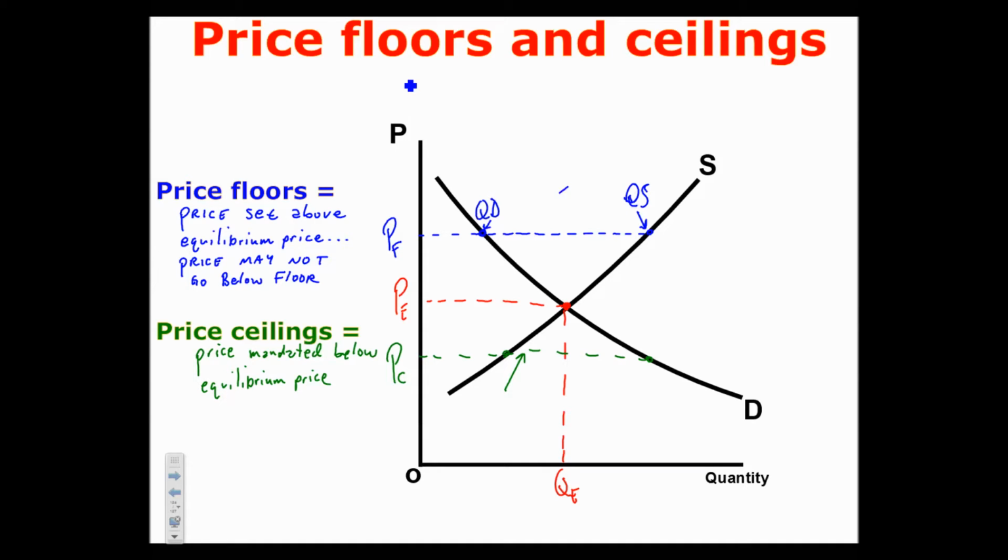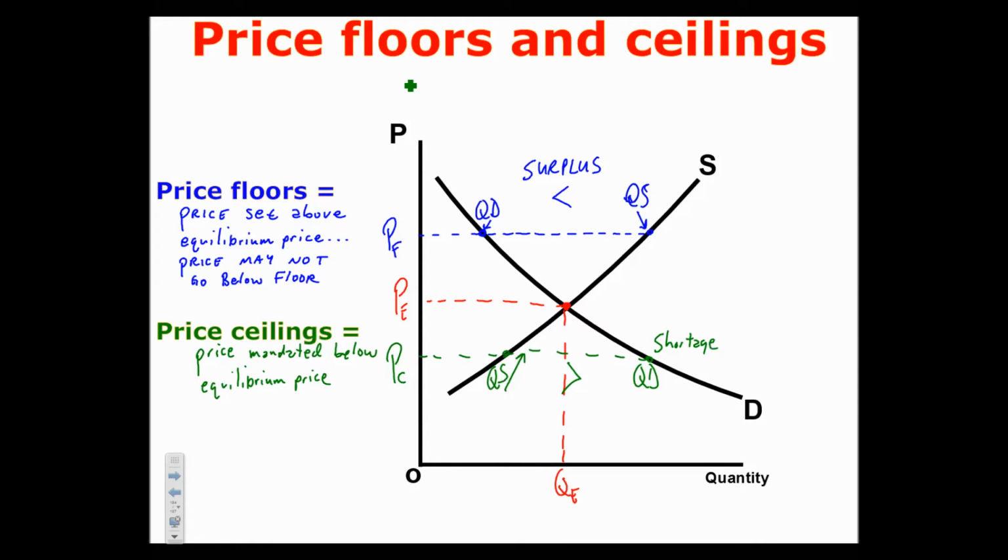The quantity supplied is greater than the quantity demanded. Therefore, a price floor will always lead to a surplus. Price ceiling, on the other hand, now you've got a quantity supplied and quantity demanded. In this case, the demand becomes greater than the supply, and so this leads to shortages.